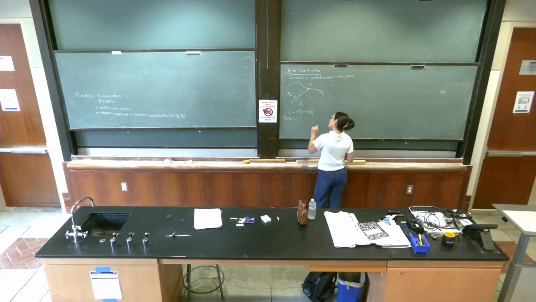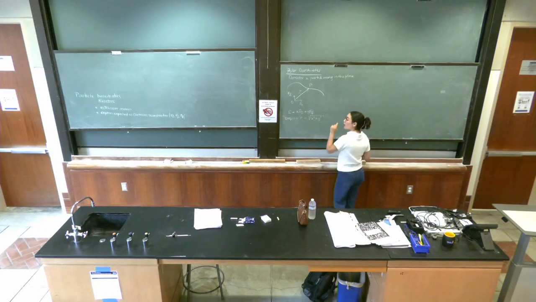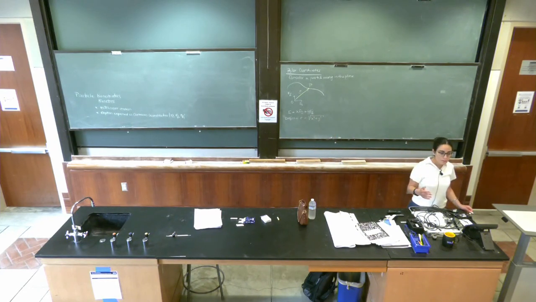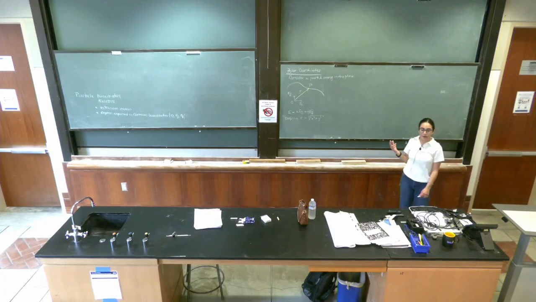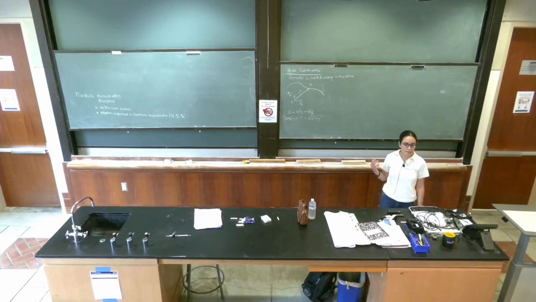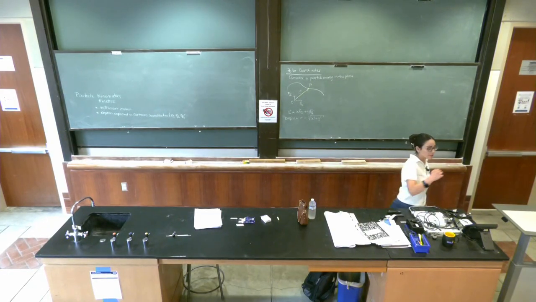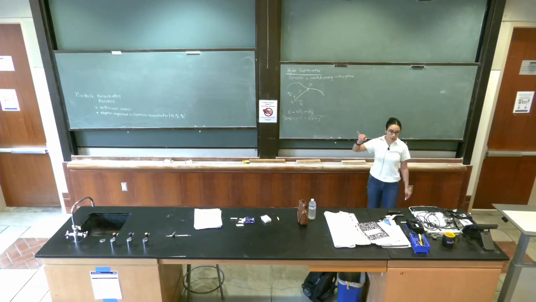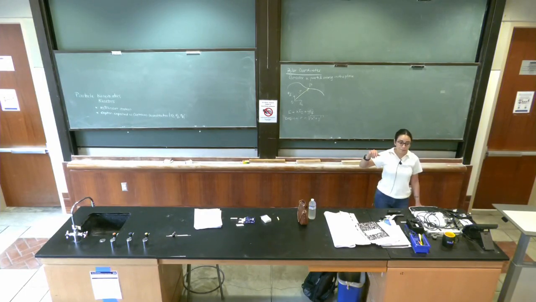Define r. R is the square root of x squared plus y squared. And notice that r is always positive, right? What physical quantity does r represent? Yes? The distance from the origin. The distance from the origin to the particle, right? Which is also what?